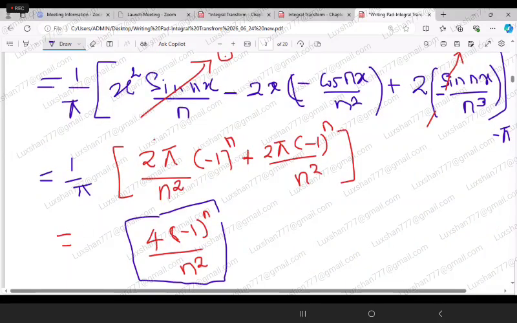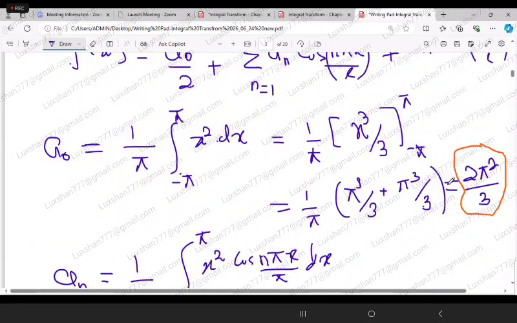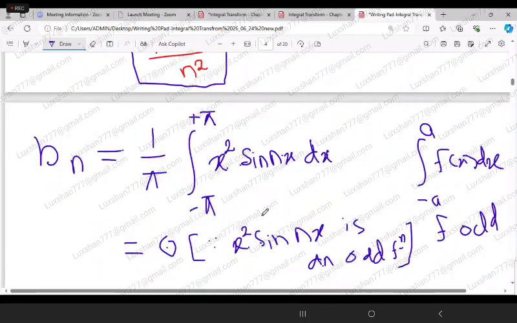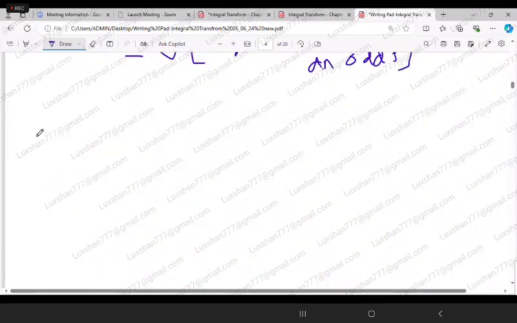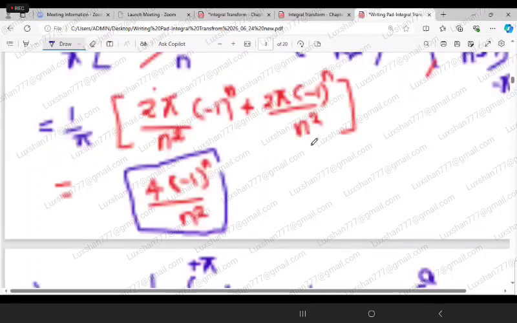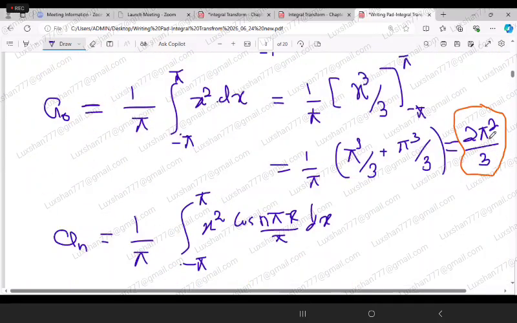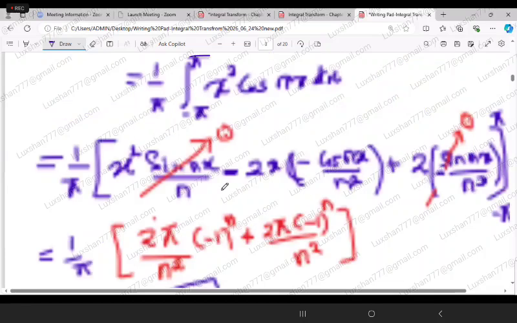Okay, so we have found a naught, an, and bn. Now we are able to write f(x). So our f(x), which is x squared, is equal to a naught by 2. What is my a naught? 2 pi squared by 3. So a naught by 2 means pi squared by 3, isn't it?